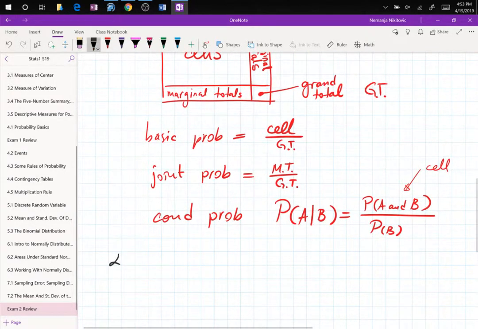Number 2, we are going to the next chapter, chapter 5. Chapter 5 contains discrete random variables.